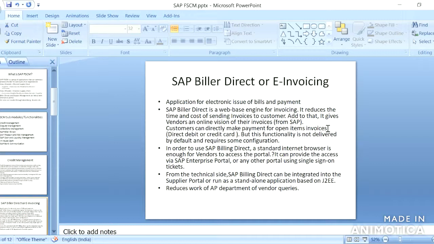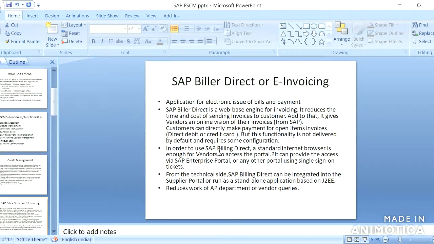Nowadays many payments are happening electronically. No one is visiting the offices in person to pay the bills. But this functionality is not delivered by default in SAP; it requires some configuration.